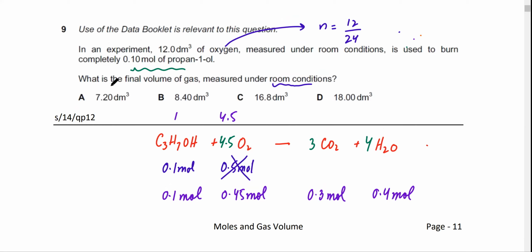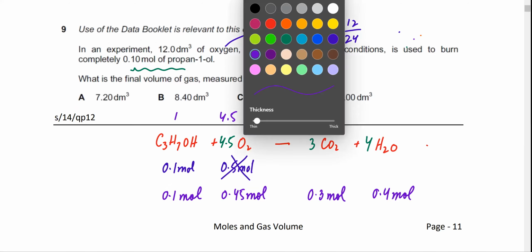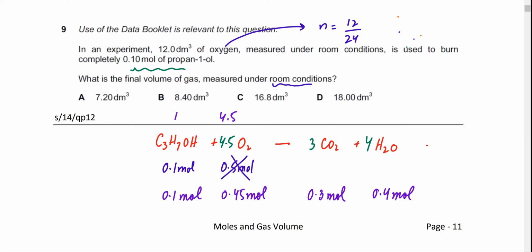Now, what was he asking? He's asking what is the final volume of gas under room conditions. So the first thing is, he's asking for the volume of gas. So you have to focus on the gases. And at room conditions, water is not a gas. So ignore this. He's only talking about gases. So what's the gas that's produced? It's carbon dioxide, right? So how many moles is that? 0.3 moles.